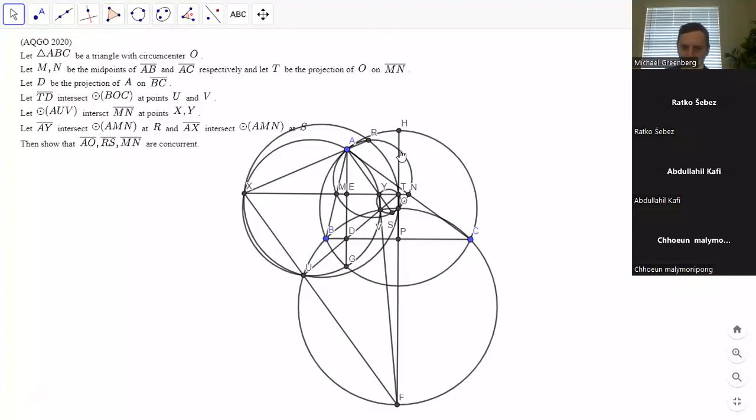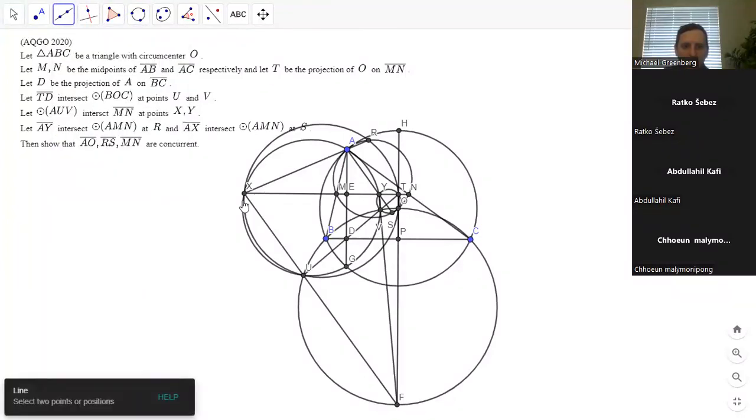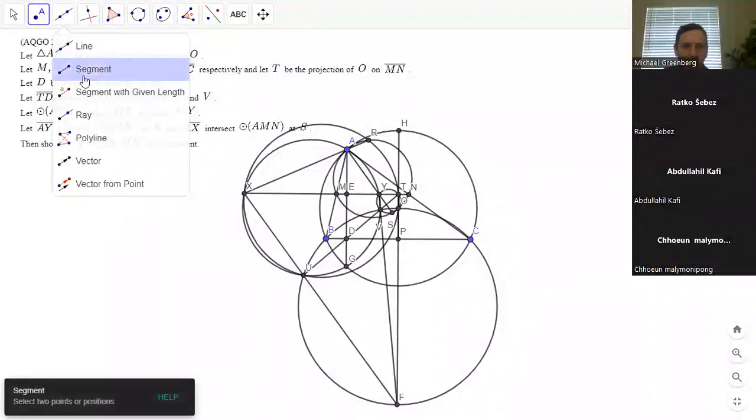And you can project that involution through point A onto line MN. Actually, we need to draw in two new points on that line: intersect AO with MN and the tangent at A with MN. Okay.